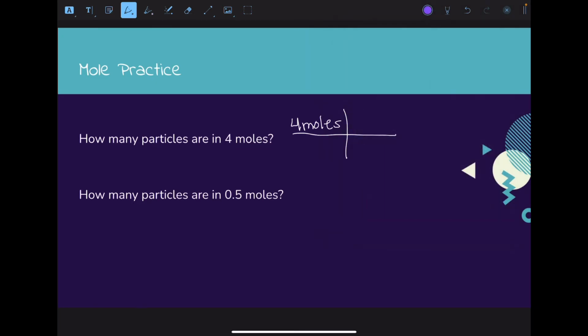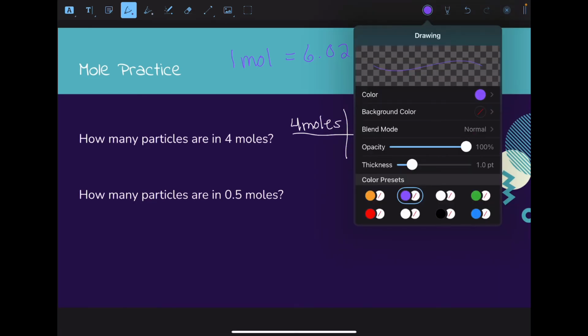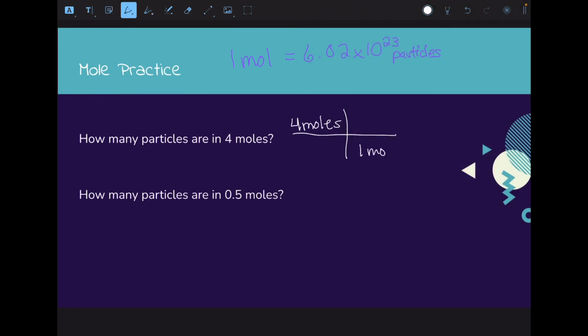If 1 mole is equal to 6.02 times 10 to the 23rd particles, or things, or atoms, or molecules, whatever, then we can use that conversion factor here to go that 1 mole is equal to 6.02 times 10 to the 23rd, and we can multiply across the top, and we can end up knowing that 4 moles would be the same as 24.08 times 10 to the 23rd particles.